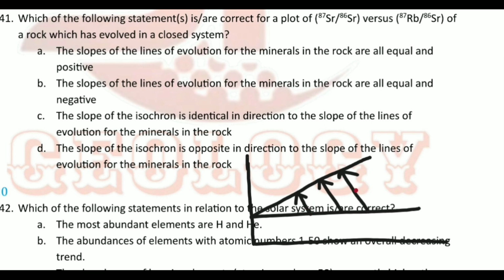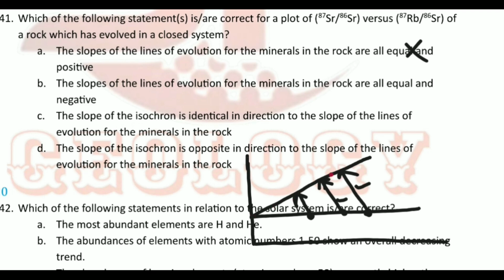These arrow lines are the evolution lines of the minerals. The slopes of the lines are all equal, in the sense that the evolution is equal over equal time, but they show a negative trend. So equal but not positive would be incorrect. Equal and negative would be correct. Then the slope of the isochron.